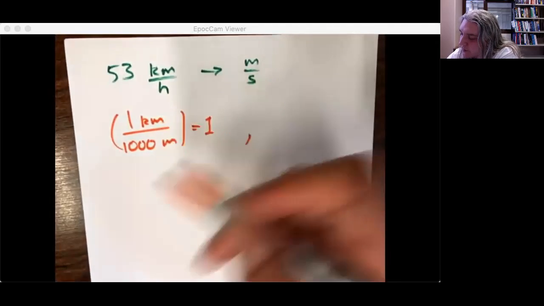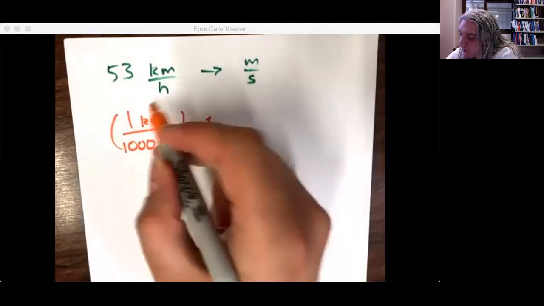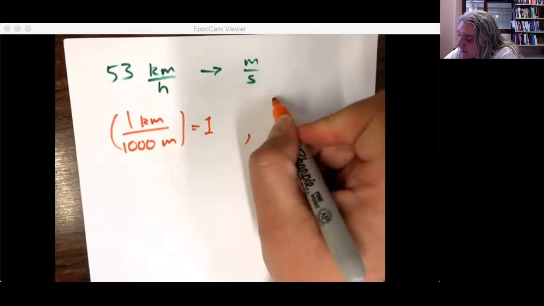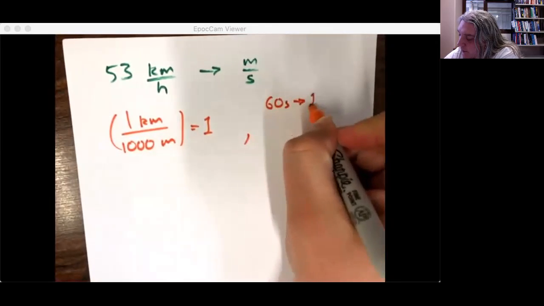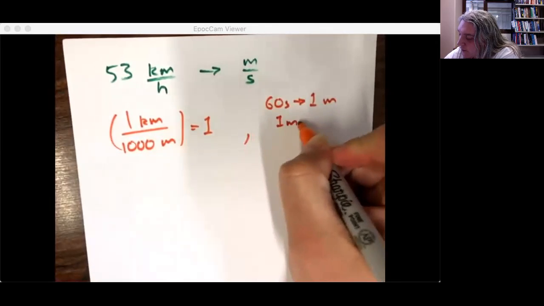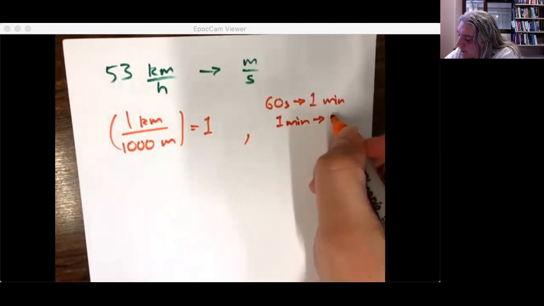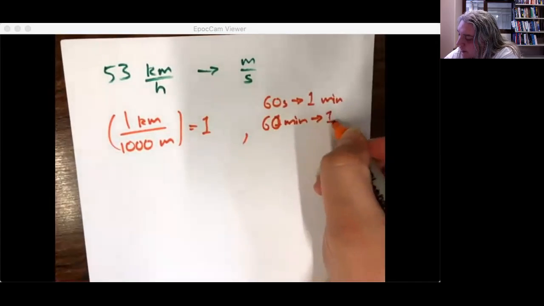Now, hours and seconds, you might not be very familiar with the conversion directly from one to the other, but hopefully you remember that 60 seconds makes up 1 minute, and 60 minutes makes up 1 hour.